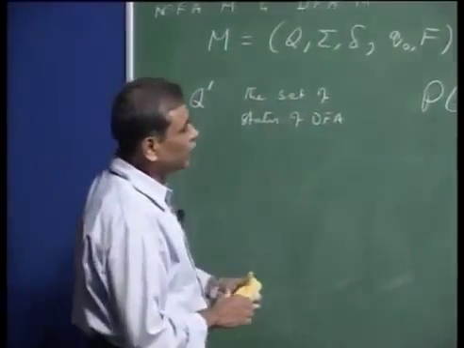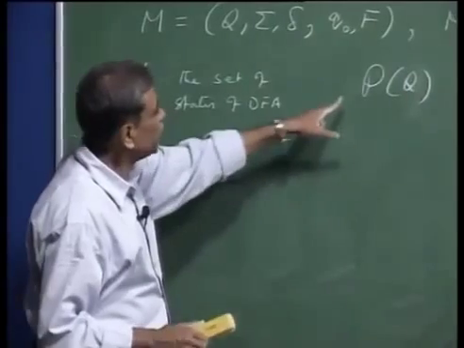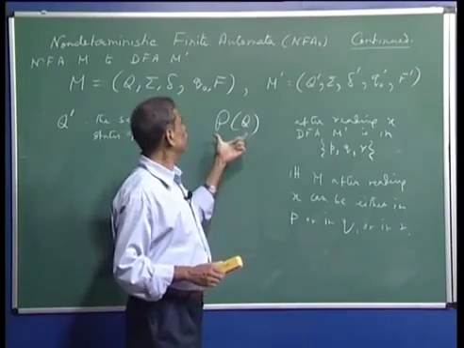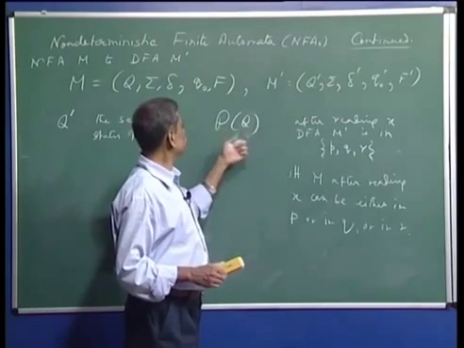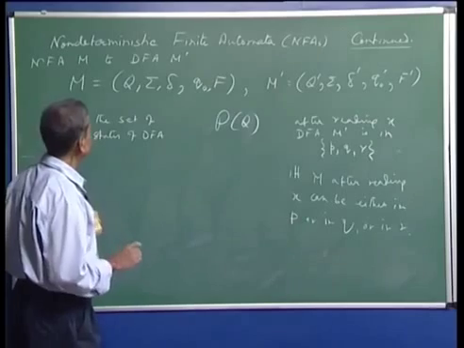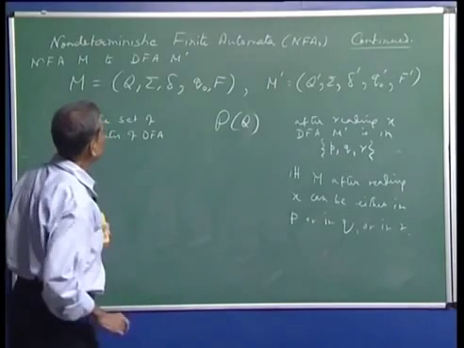So, for that we are saying the DFA set of states is the set of all subsets of the state space of the NFA. All right, this is not too difficult to see, to implement that idea.